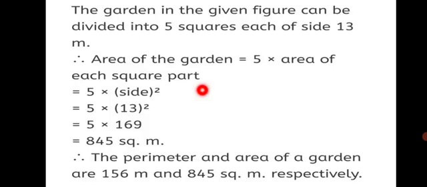So area of the garden is equal to 5 into area of each square part. 5 into side square, formula for 1 square. 5 into 13 square. 13 square means 13 into 13, 169. 5 into 169 is 845 square meter. Therefore, the perimeter and area of the garden are 156 meter and 845 square meter respectively.